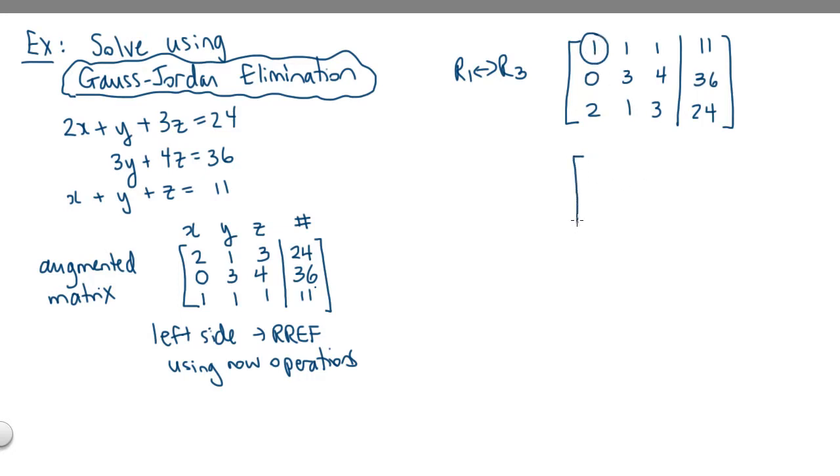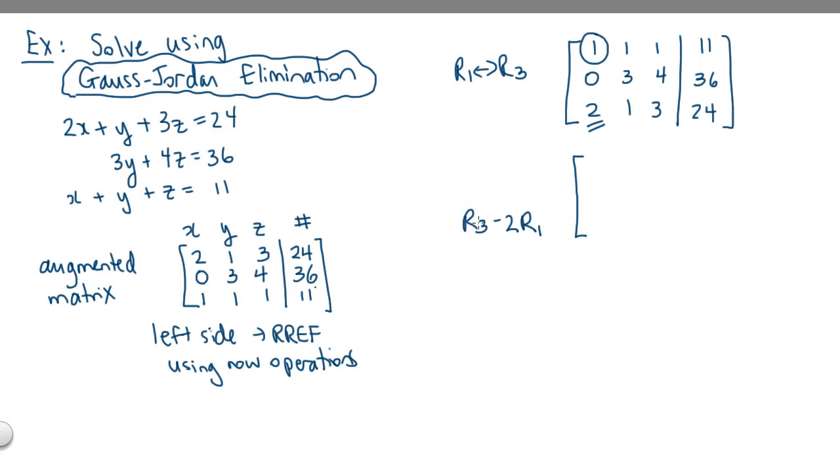We can now use that 1 to get zeros in the rest of that first column. So what we really need to fix here is the 2. To eliminate a 2, we're going to write down the row that we're on, so row 3. And because it's a 2 here, we're going to go minus 2 times our pivot row. Pivot row, just the row that contains that leading 1 that we created earlier.